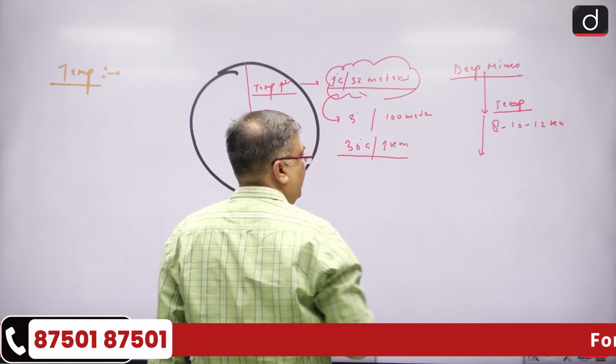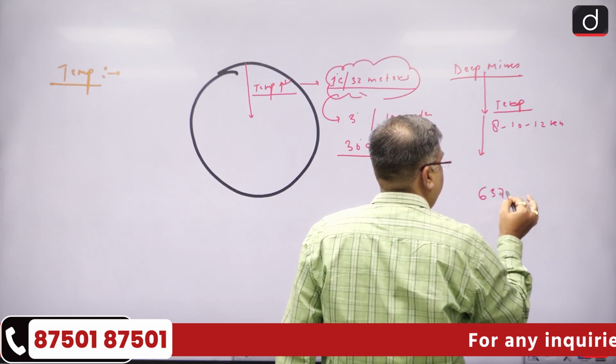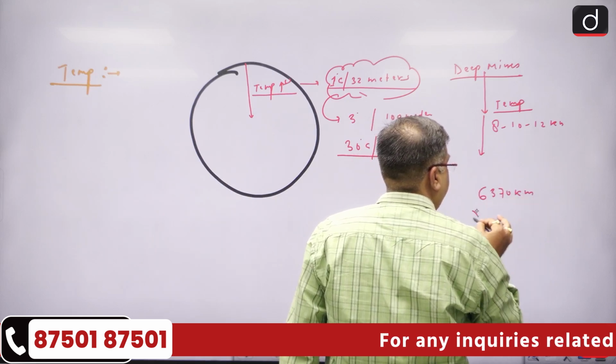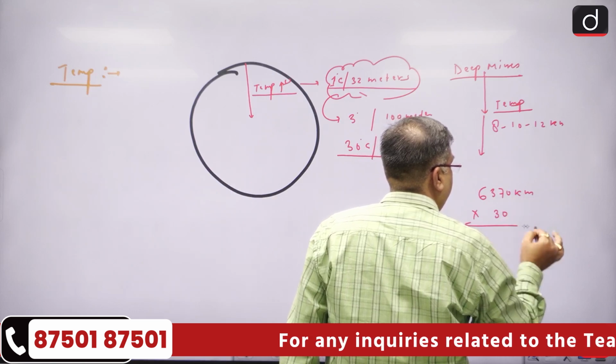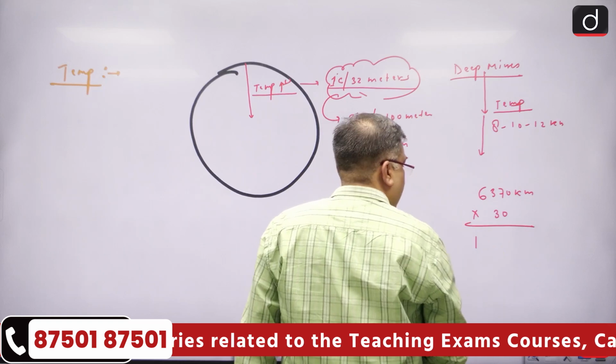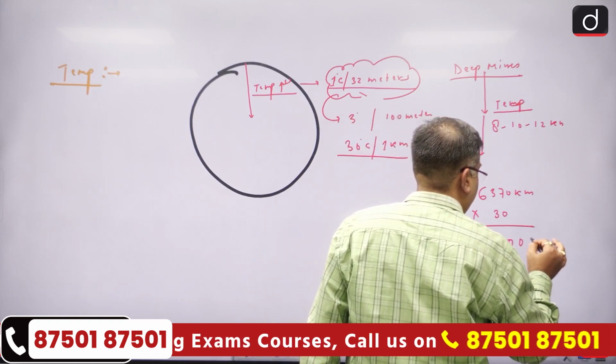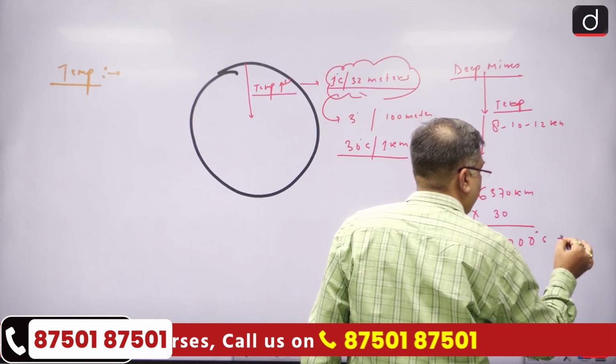So we can very simply say that at the depth of 6370 kilometers, the temperature should be 30 into 6370, and that would be around 2 lakh degrees C approx.